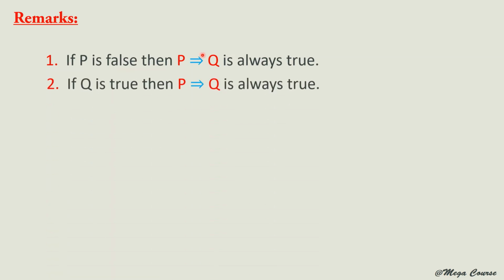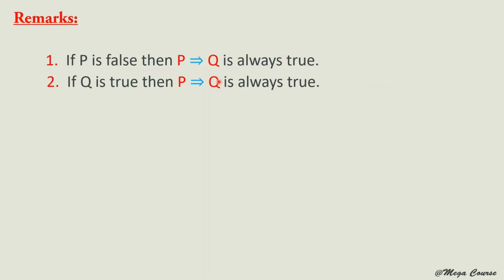Now, if Q is true, then P implies Q is always true. Imagine a statement P which gives always a true statement, and Q is true. This statement Q is true.